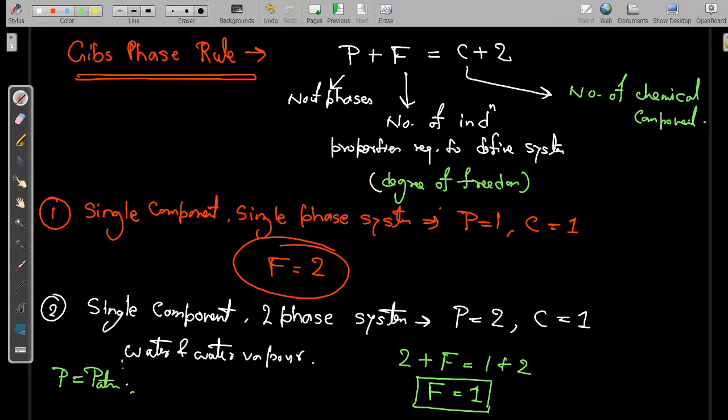Okay, what will be the temperature? You can easily tell that sir temperature will be around 99.9 degrees Celsius or 100 degrees Celsius. Why? Because at this pressure this temperature is fixed. At this temperature water will start converting into water vapor, not any other temperature. That's why we need only one property to define the system, because other properties are dependent on this property.